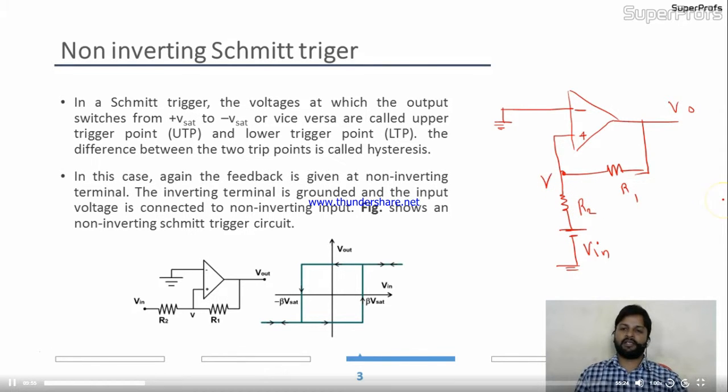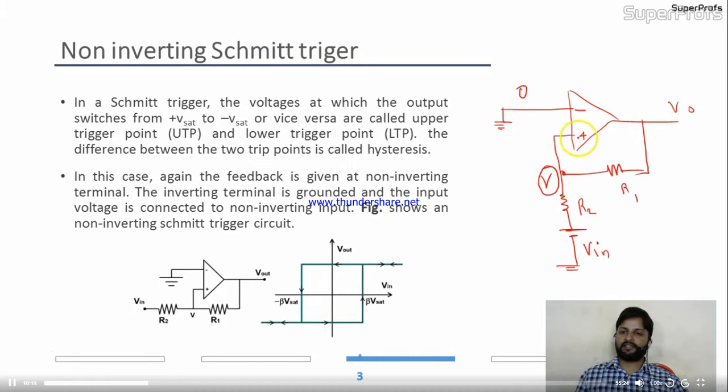Now, what will be the condition over here? If you can find out the voltage over here, and that voltage will be greater than 0 because this is the ground, right? If the voltage is greater than 0, I can say it will go to plus V saturation.